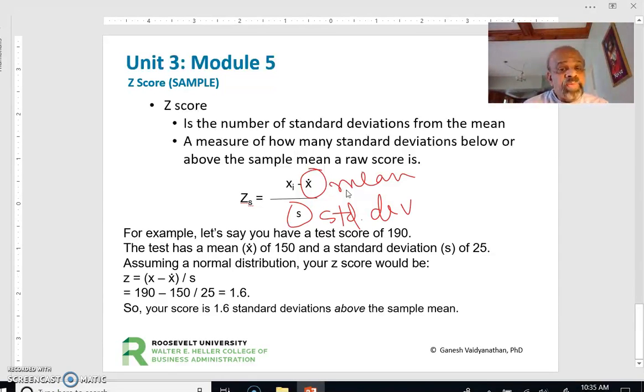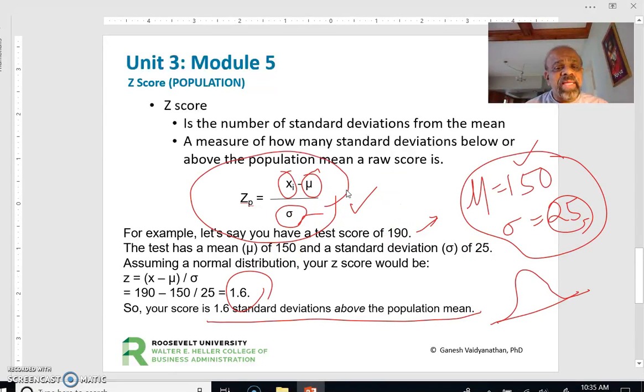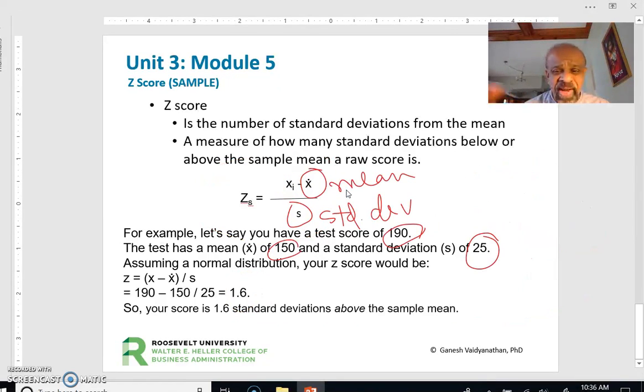So now let's say you have a similar thing, like 190 is your test score, and you have a mean of 150 and a standard deviation of 25. So this is basically the same as what we did before as a population. Now, your score will be the same.